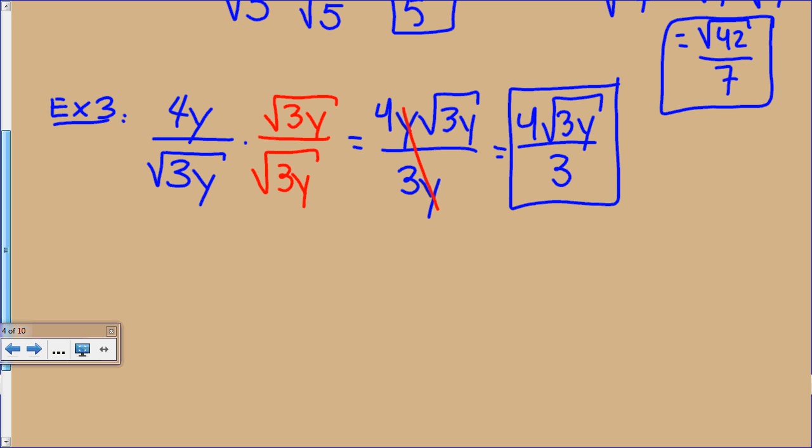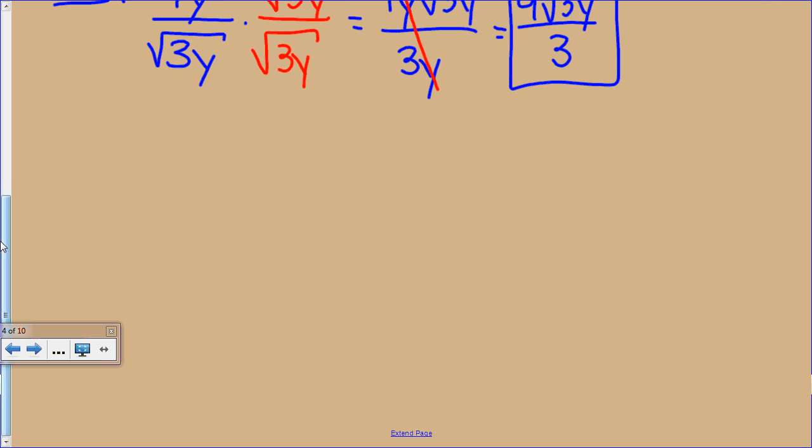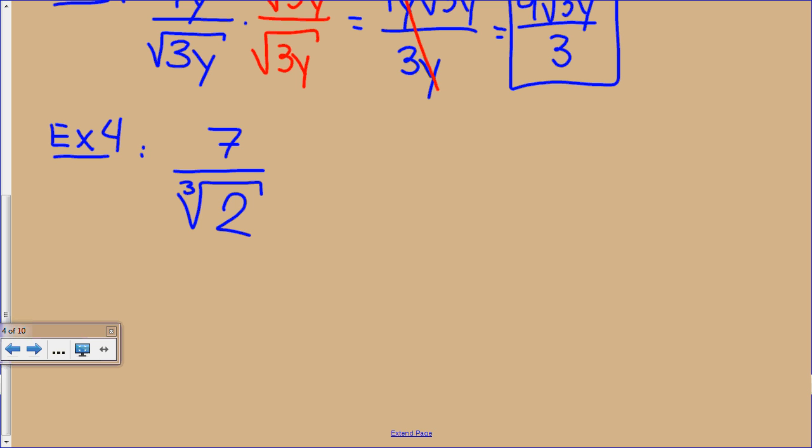Okay. The other thing we talked about in our warm-up, now let's bump it to a cube root. So let's go ahead and put them into our notes. For a cube root, you need to show a total of how many? 3. How many am I showing right now? 1.